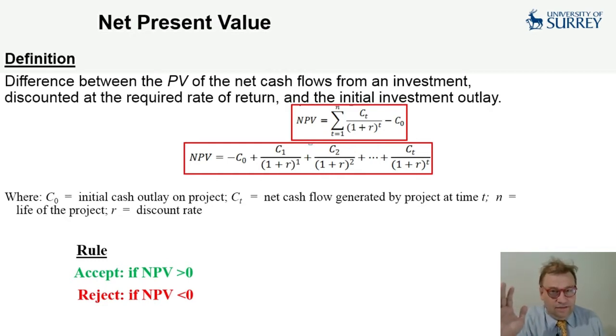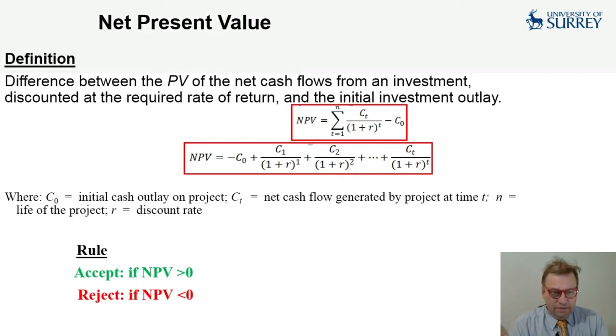It looks hugely complicated, but it's not. It just sums up our initial investment, which is meant like zero, with minus C0, and then we discount every cash inflow that happens. We sum it up, and then we have the answer.